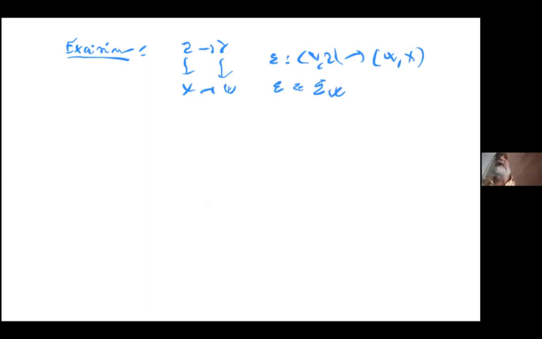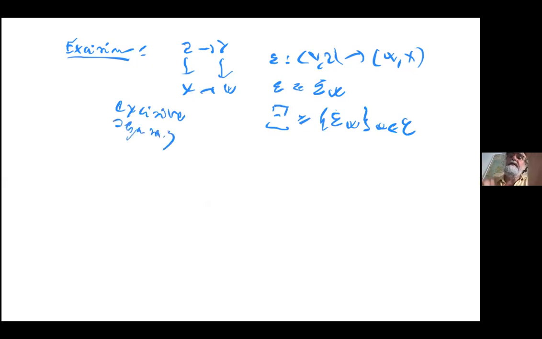And for each W, we take, let's say, something like this, and we say that these are a collection of excisive squares. I think it's quite intuitive what I mean, which is stable by isomorphism.